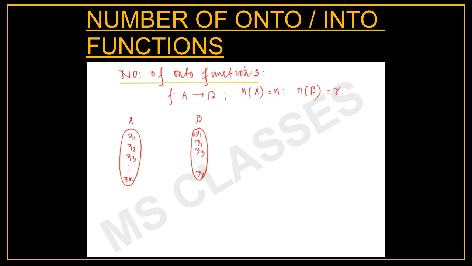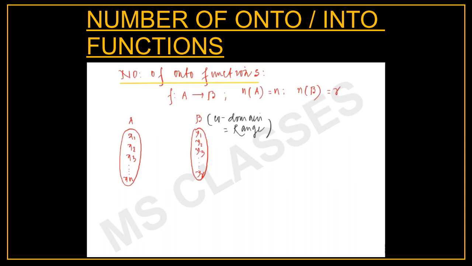Now a function is said to be onto when all the elements in the codomain have pre-images, that is, in short, when codomain is equal to range.